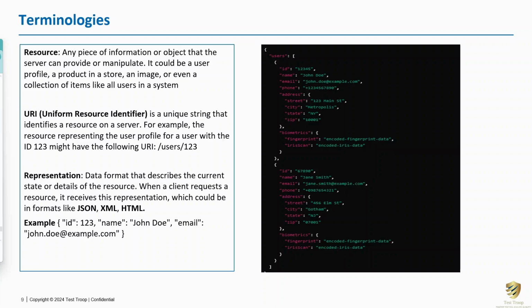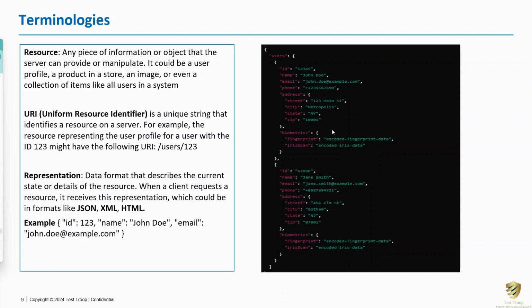Consider an example where the government is maintaining a user identification web service. This web service stores important information such as the name, ID, phone number, address, and biometric data. If you see this JSON structure, this is how the user details are stored in the server, under a collection called users, under which each element is the user details.